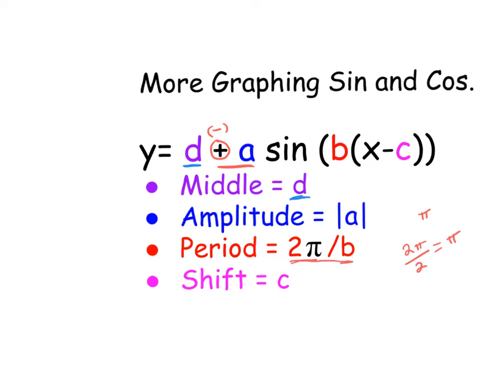So your period is always equal to 2 pi divided by B. And the shift is always just going to be C, whatever that is. Now, the thing we need to make sure we know is that when this is negative, that means it's to the right. If this were positive, that means you shift to the left. So negative right, positive left.